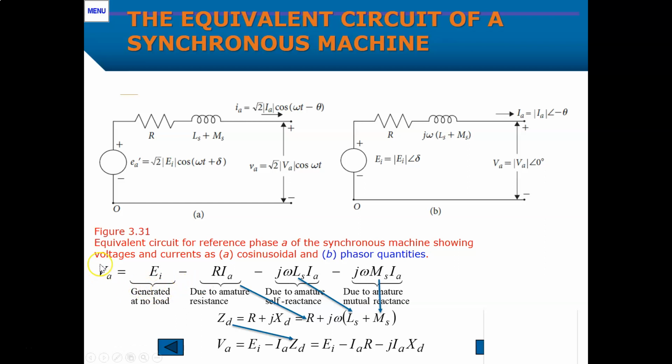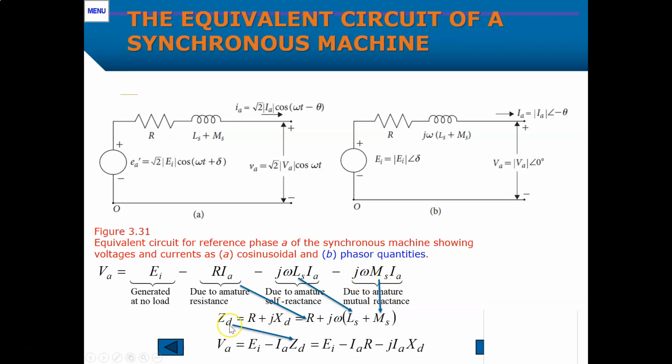We have the voltage on the terminals equal to the internal voltage minus the voltage drop due to the resistance, the voltage drop due to self-reactance, and the voltage drop due to armature mutual reactance. So this is what we call the armature reaction. It means that when you're putting up a field in the rotor, it actually provides a counteracting field in the stator, and this interaction is what we call an armature reaction.